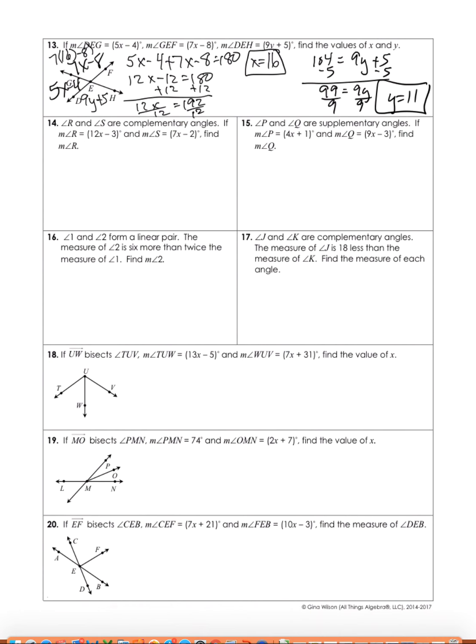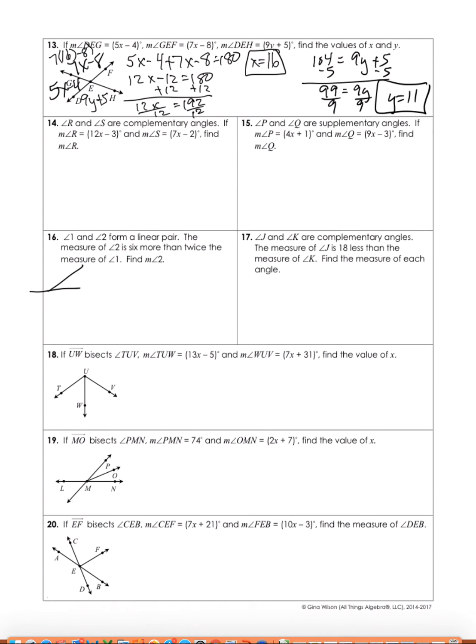Number 16 says they form a linear pair. So anytime you have all these words, it's probably a good idea to draw a picture. So a linear pair looks like this, right? They make a straight line. Angle 1 and angle 2. It says measure of angle 2 is 6 more than twice the measure of angle 1. So see how it's comparing to angle 1, twice angle 1.